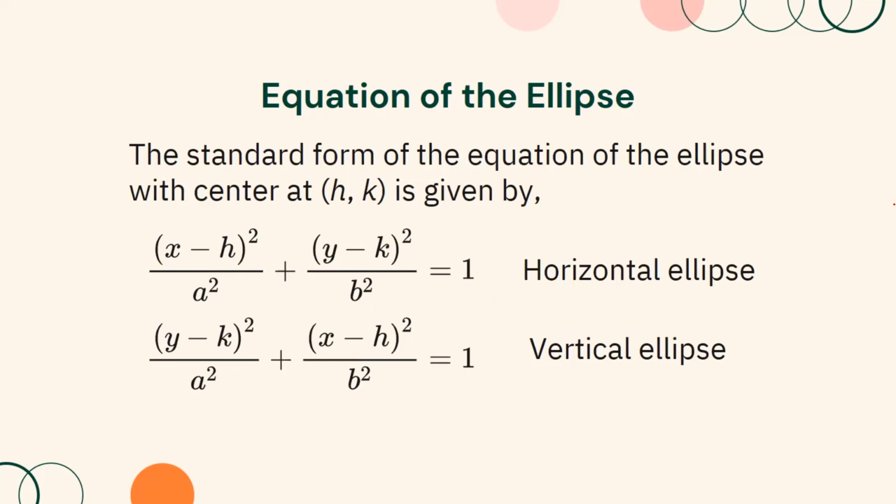While the standard form of the equation with center at (h, k) is given by (x − h)²/a² + (y − k)²/b² = 1 for a horizontal ellipse, and (y − k)²/a² + (x − h)²/b² = 1 for the vertical ellipse.